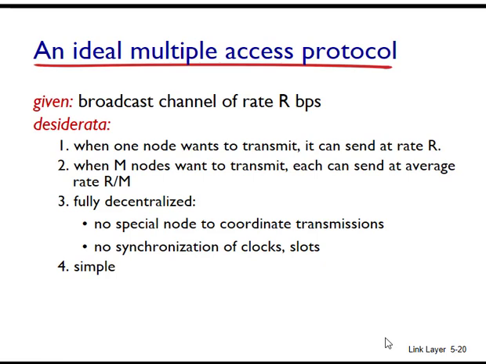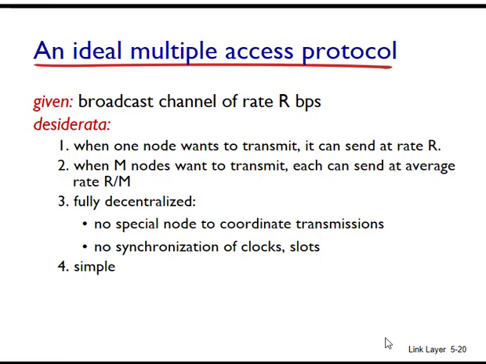A multiple access protocol for a broadcast channel with a rate of R bits per second should have the following desirable characteristics. When only one node has data to send, that node has a throughput of R bits per second.